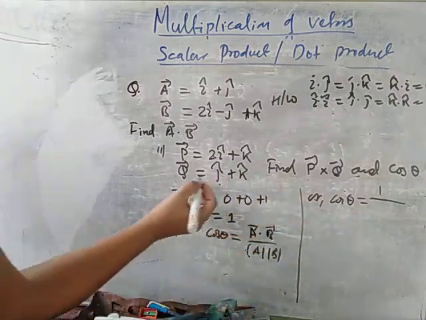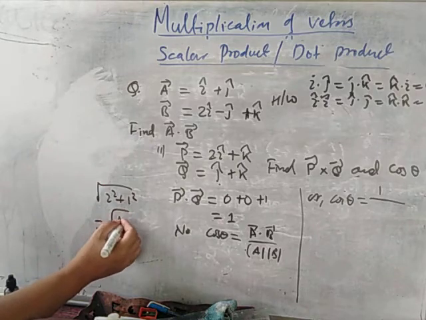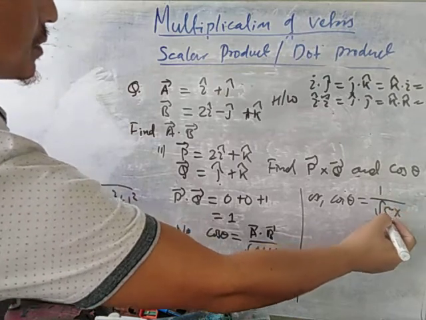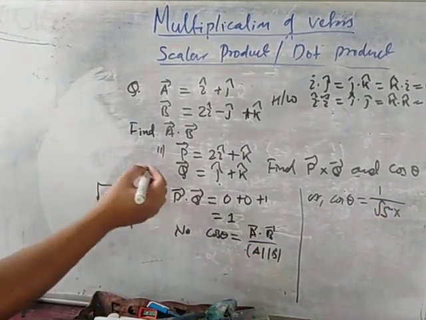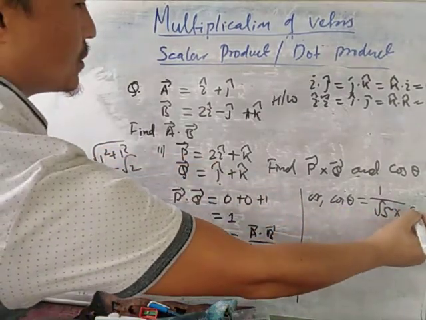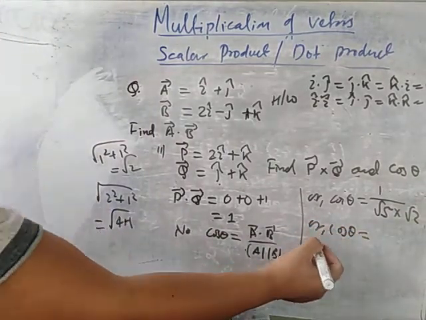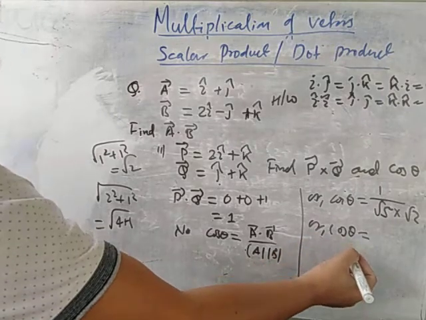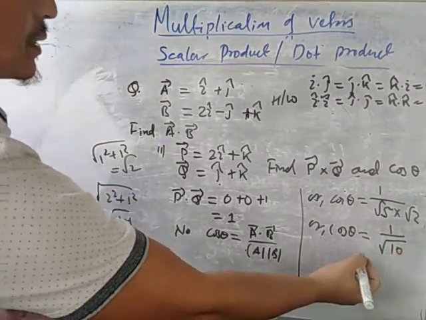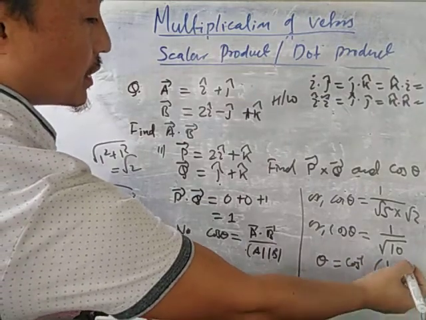Mod is root over 2 square plus 1 square, how much? 4 plus 1, 5, root 5, into mod of b, 1 square plus 1 square, how much? Root 2. So cos theta equals how much? 1 by root 10. So theta equals cos inverse 1 by root 10.